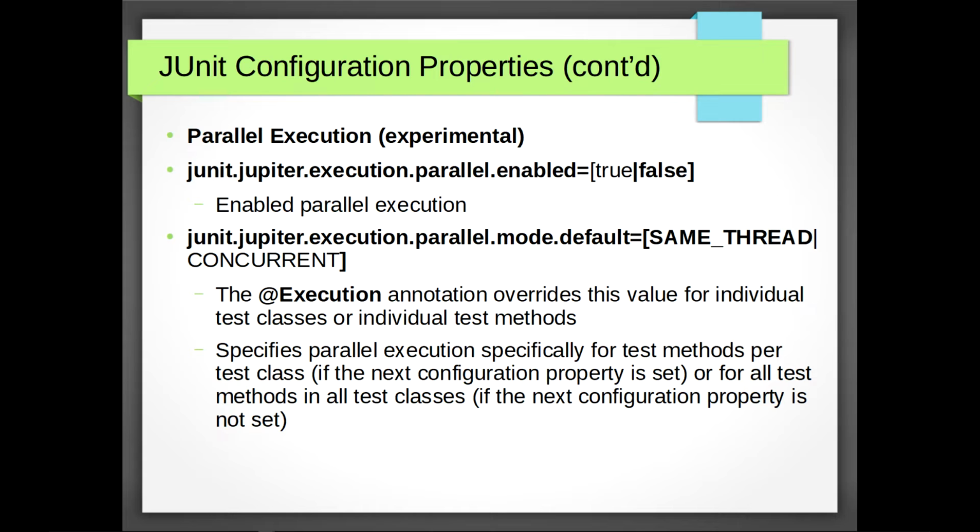It also specifies parallel execution specifically for test methods per test class, if the next configuration property is set, which we will see on the next slide, or for all test methods in all test classes, if the next configuration property is not set. So I'm going to give you about 45 seconds to write it out, and then we'll go to the next slide where we will delve into the nuances of what this configuration property controls and when.